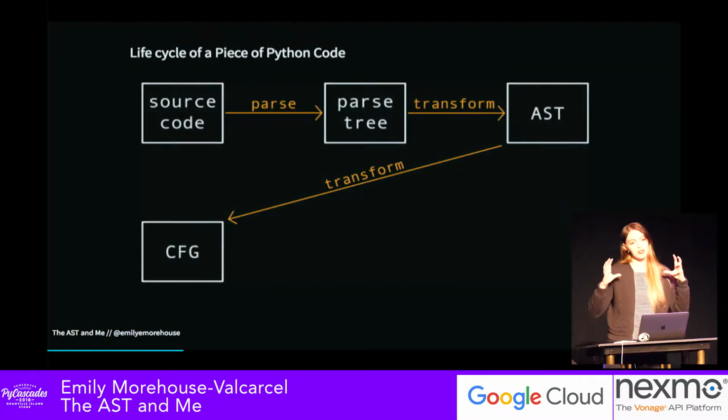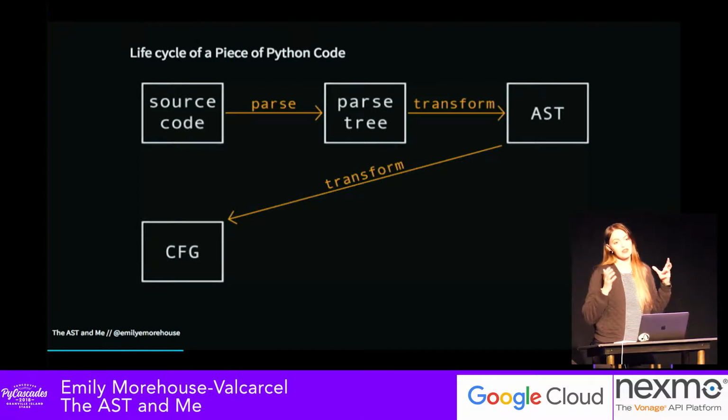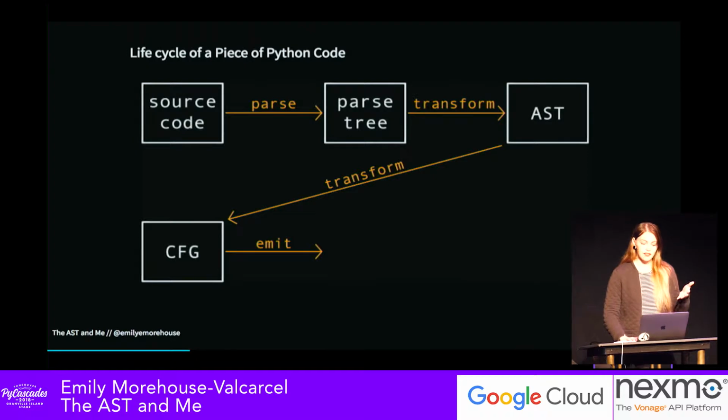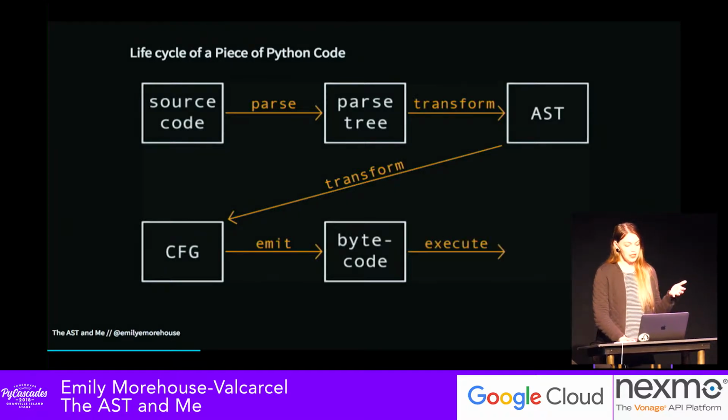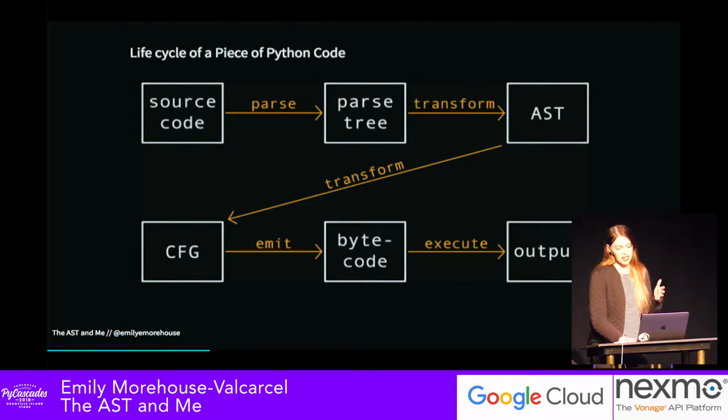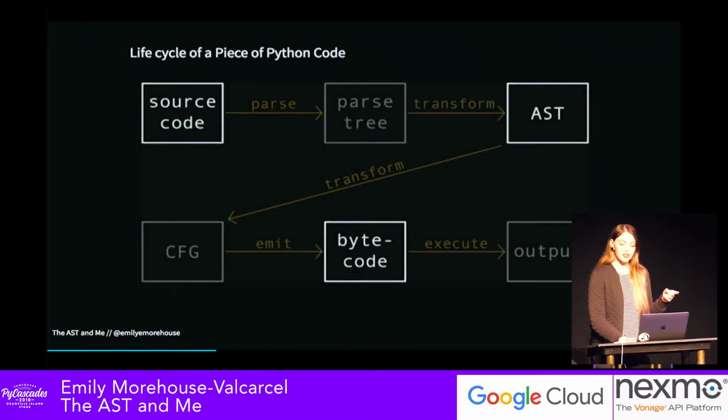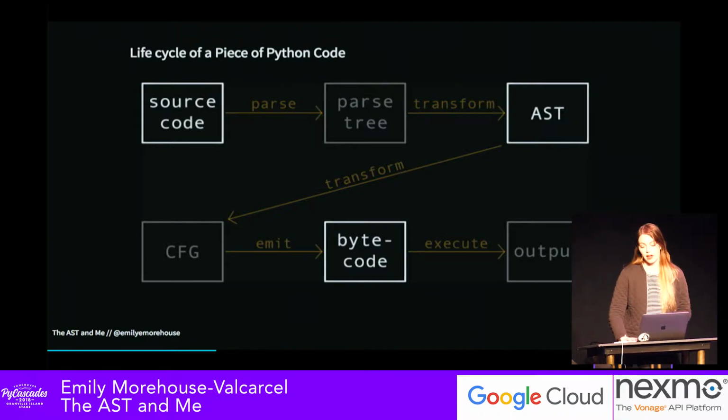That's basically a directed graph that models the flow of your program. From there, we finally get to emit our bytecode, and then we can execute our bytecode and get our output. Now, this process is quite intricate, so we're going to focus on a few key parts of this process, namely taking our source code, looking at our AST, and then the bytecode that gets generated from that AST.